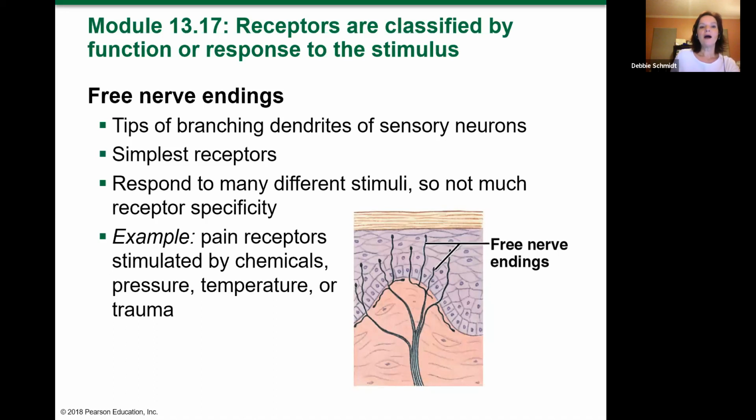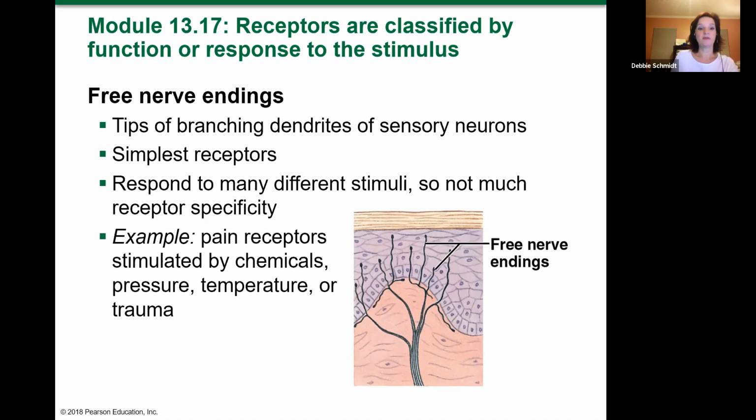So, how we classify receptors can be done by their function or their response to a stimulus. And some of these things we talked about in the skin way back when. Some of the most simple receptors are free nerve endings, and they are just the dendrites of sensory neurons extending through the tissue.